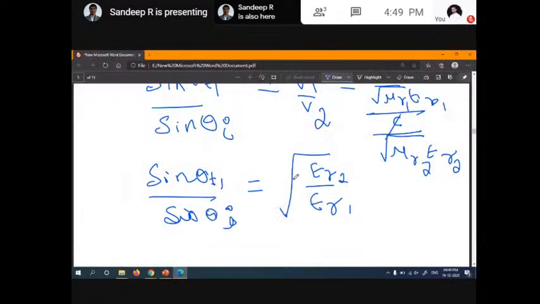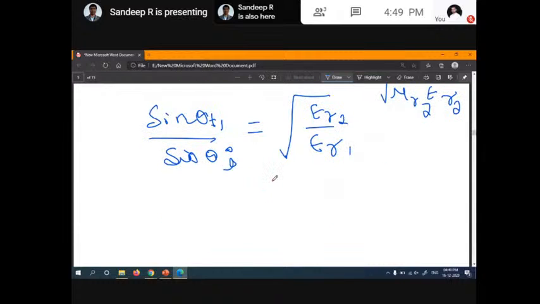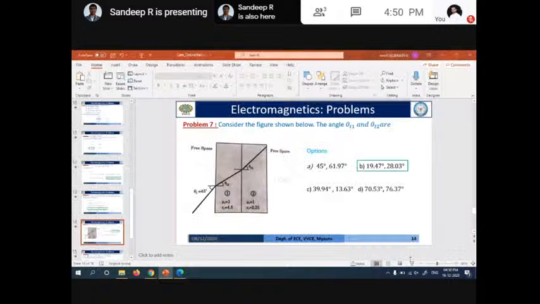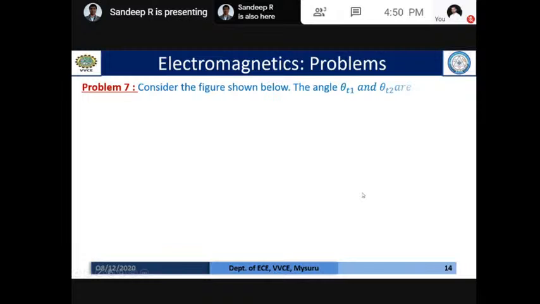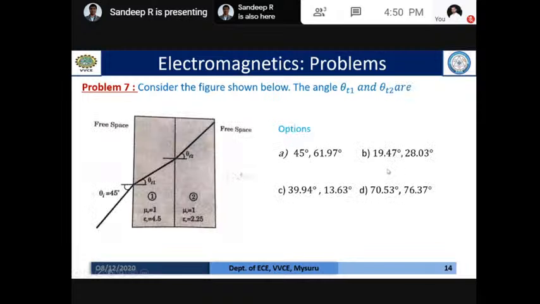So you know the value of epsilon R2, epsilon R1 and theta I. From this, the value of theta T1 can be calculated. So theta T1 is equal to 19.47 degrees. 19.47 degrees is the only option present in point B.